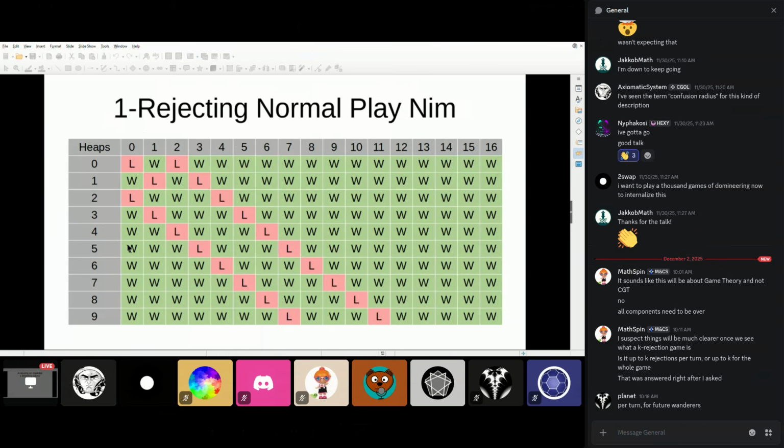And we have this whole graph. We can immediately see the difference that K rejection is applying, because in the 0 rejecting case, we would just have a straight diagonal line of losing positions and winning positions everywhere else. But now we have these 2 diagonal lines.